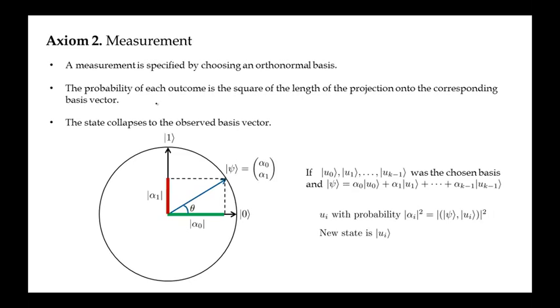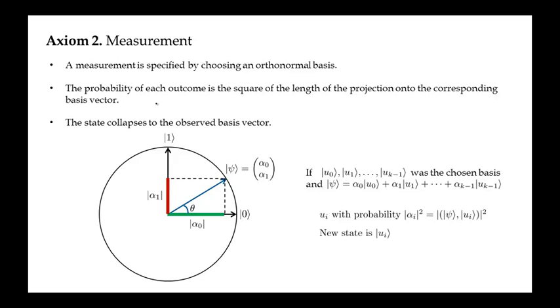The second axiom, the measurement axiom, says if you want to measure, you have to reach into this Hilbert space. And the way you reach in is you pick an orthonormal basis, you measure, and the state collapses into one of the basis vectors of this orthonormal basis. Which one?